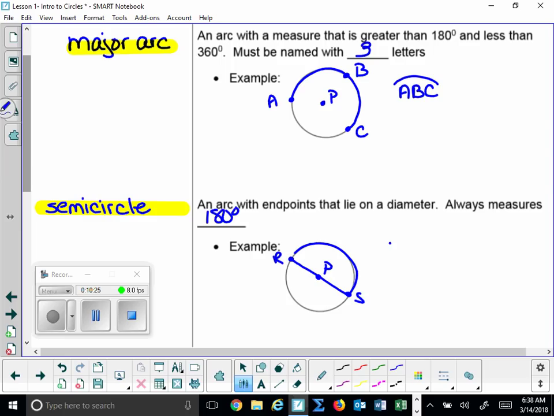It can be named two ways. You can just use two letters, because it doesn't matter whether I go around the top of the circle or the bottom of that circle, it still measures 180 degrees. We could name it with three letters if we wanted to, but it's not necessary for a semicircle.